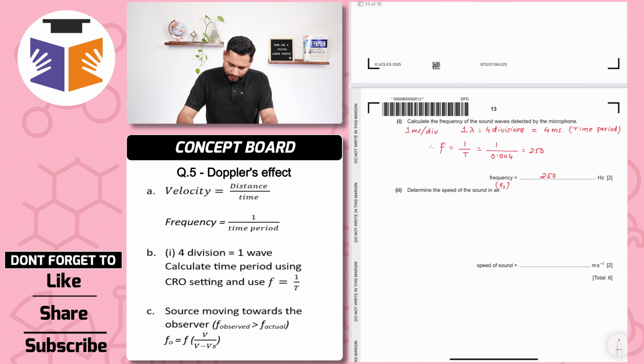Now determine the speed of the sound in air. According to Doppler's effect, when the source is moving towards the stationary observer, the formula for observed frequency is f equals frequency of the source multiplied by velocity of the sound in that medium, divided by velocity of the sound in that medium minus velocity of source.